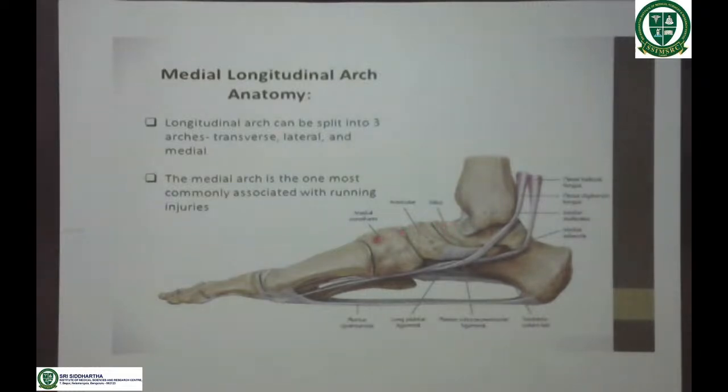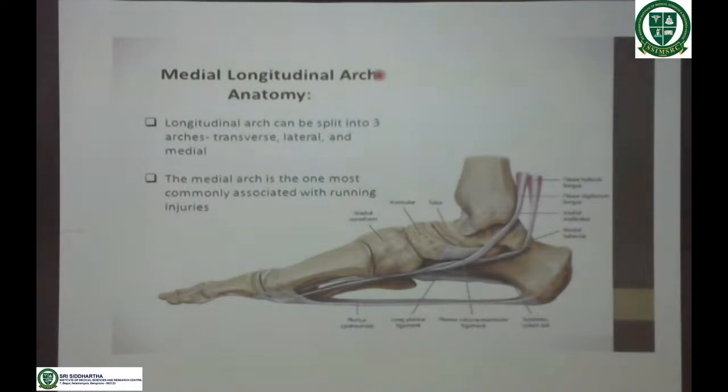From the talus distally to the metatarsal bones forms the anterior pillar, the calcaneum forms the posterior pillar, and the summit is the superior articular surface of the talus. The main joint here is the talocalcaneonavicular joint. So that's the framework of the medial longitudinal arch.